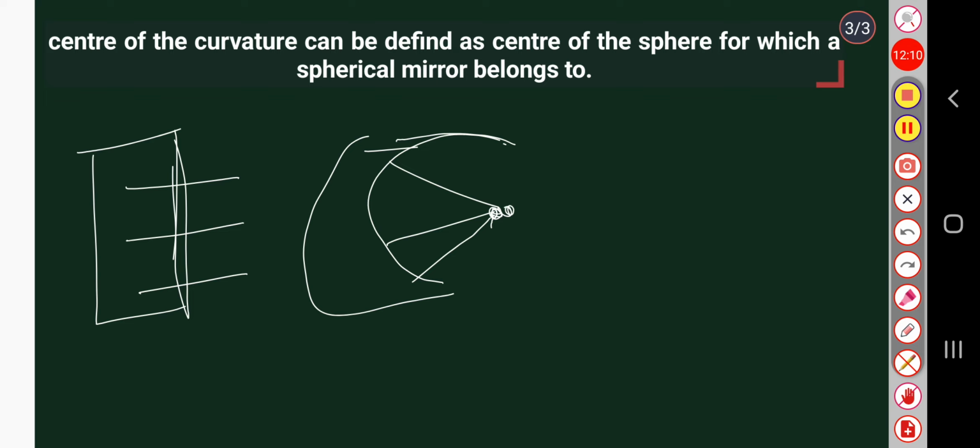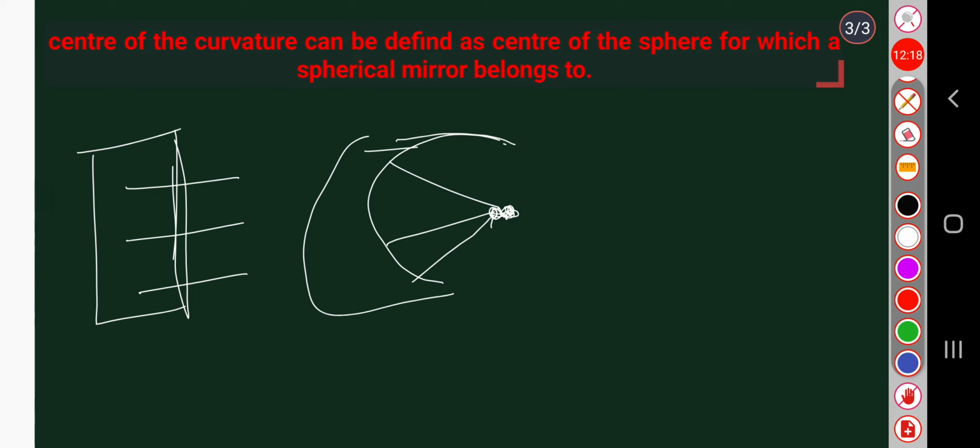All these nails are convergent. Now what do you call this point of this curved surface? It is nothing but the center of curvature. It may be inside or outside of the mirror.